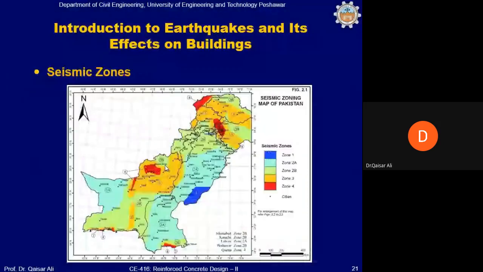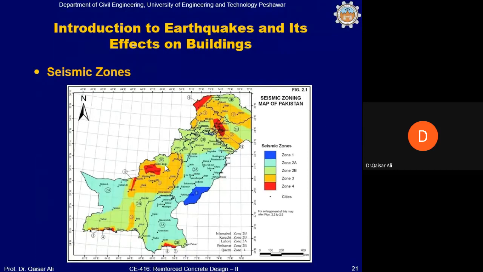This is the seismic hazard zoning map of Pakistan. The seismic hazard zoning map of Pakistan is divided into 4 zones, and zone 2 is further subdivided into 2 zones, zone 2A and 2B. In ascending order, the severity of the zone increases.